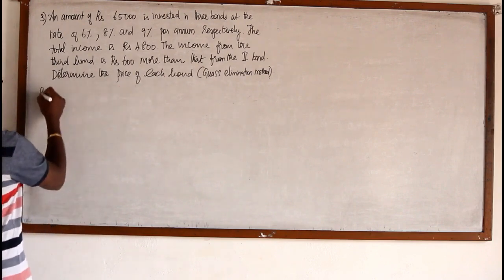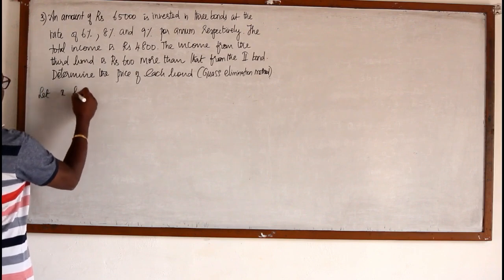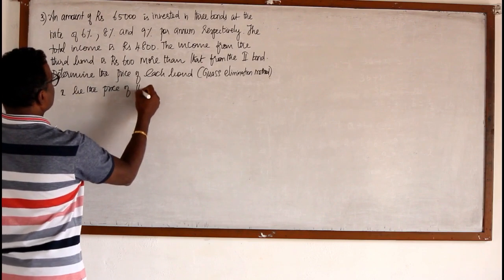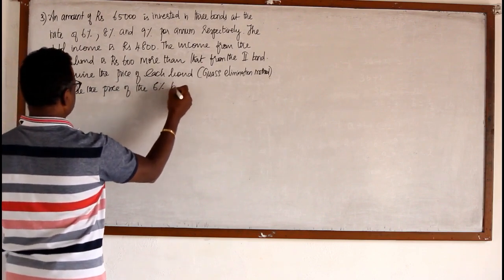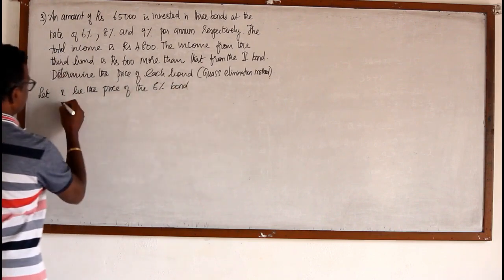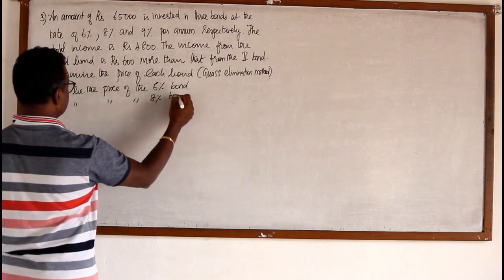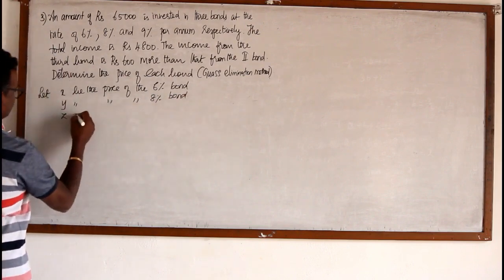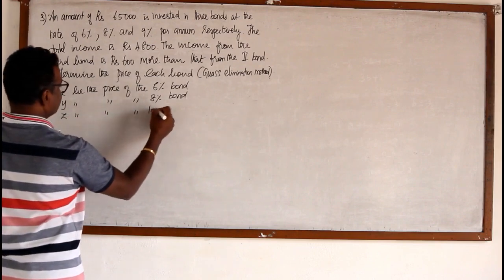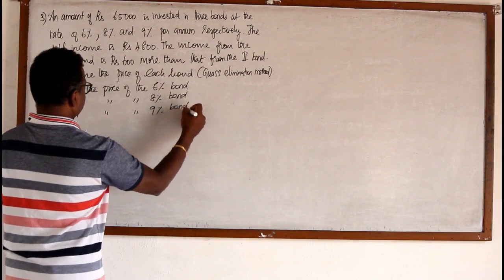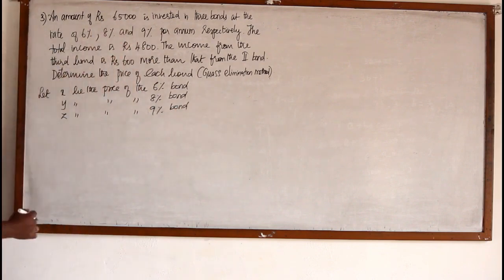Okay. So let X be the price of the 6% bond. Similarly, Y be the price of the 8% bond, and Z be the price of the 9% bond. Then altogether he invested 65,000.